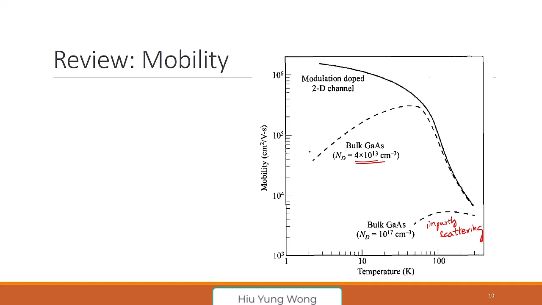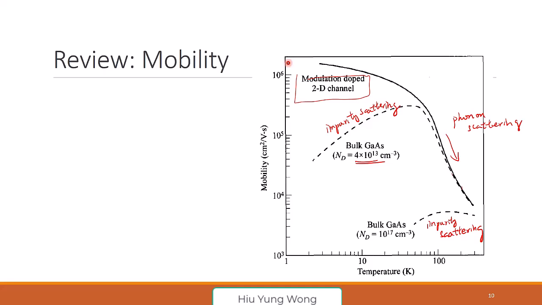This is again due to impurity scattering. Then why does it go down here? This is because of phonon scattering. If we have this modulation doped channel, you see that when I reduce the temperature, it does not suffer from impurity scattering because we have very tiny doping. So that is an explanation.